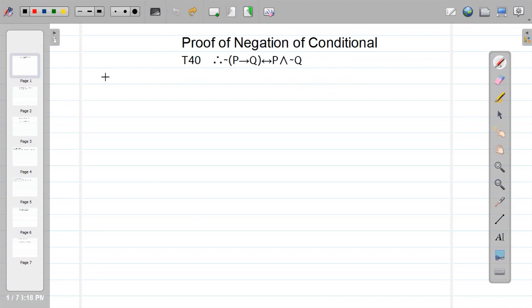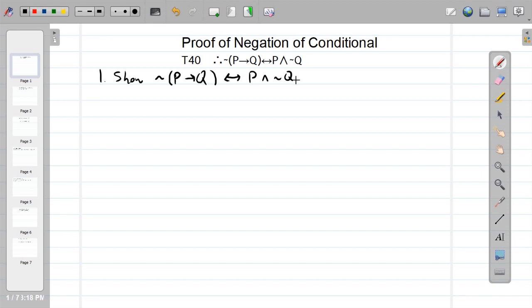I'm going to try to show this: it's not the case that if P then Q, biconditional, P and not Q. Okay, and do you see how this is the same as the rule that I just showed you? So the biconditional says two things.